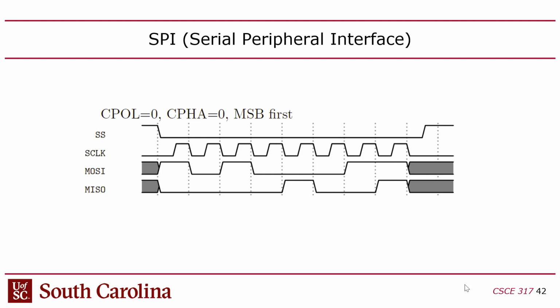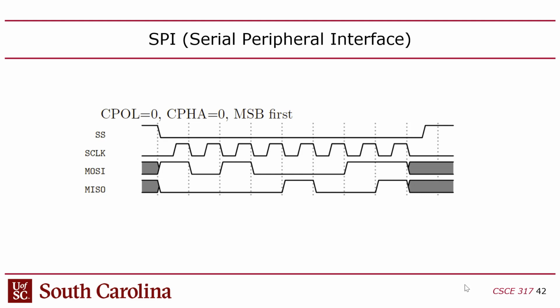Now, what about the clock phase? How do we know what that is from the timing diagram? Notice that the clock seems to start a little later than the slave select.